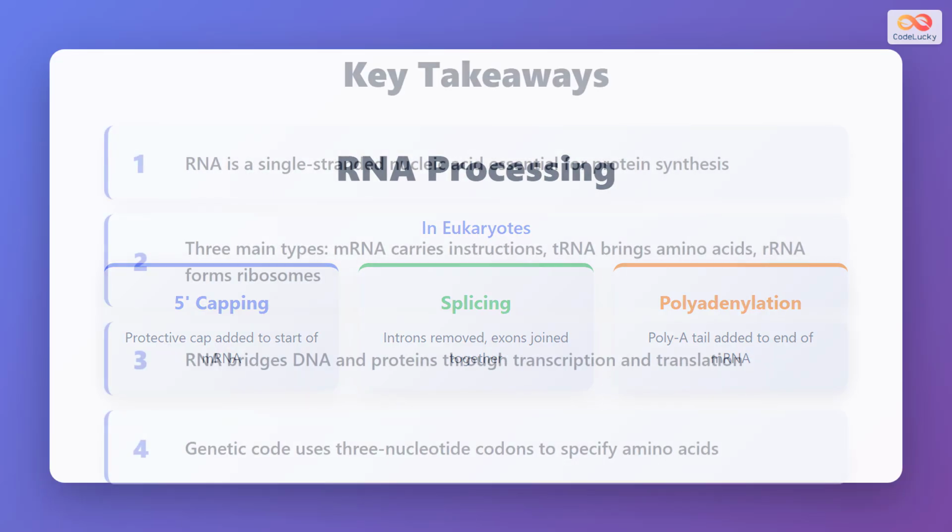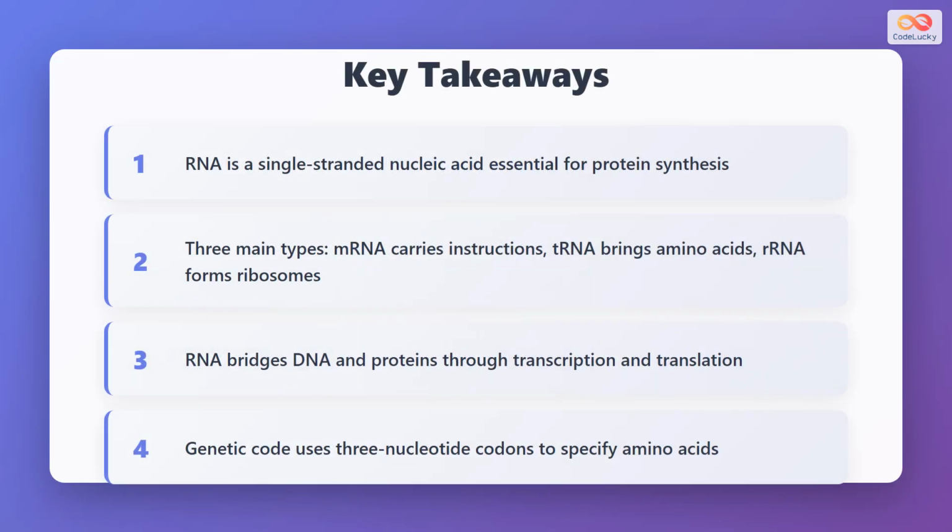Let's review the key points about RNA. First, RNA is a single-stranded nucleic acid that is absolutely essential for protein synthesis in all living cells. Second, there are three main types of RNA. Messenger RNA carries genetic instructions, transfer RNA brings amino acids to the ribosome, and ribosomal RNA forms the structure of ribosomes.